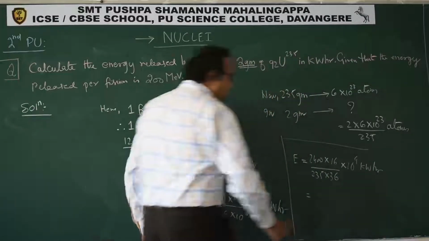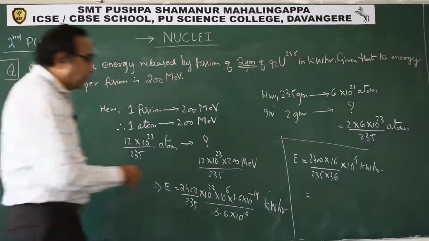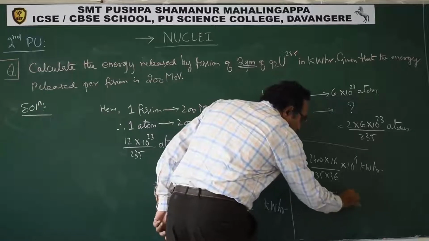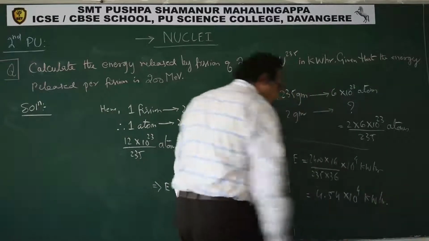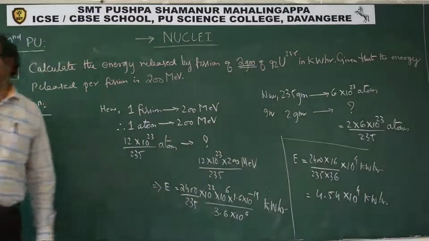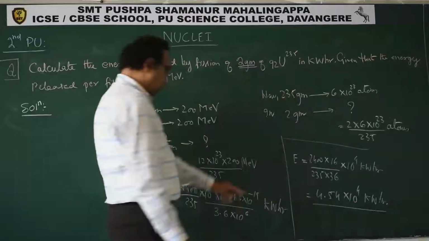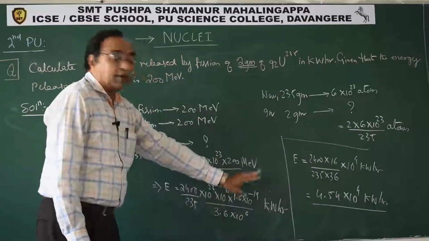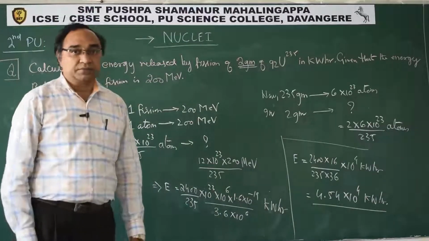On simplification this comes to 4.54 into 10 power 4 kilowatt hour. That is exactly how we can find the conversion from million electron volt to joules, and then we can convert them into kilowatt hour as well.